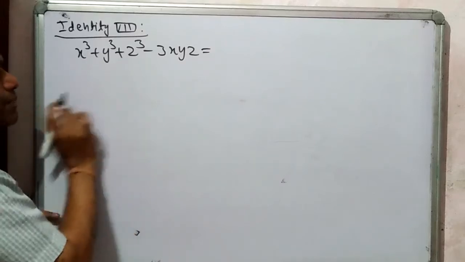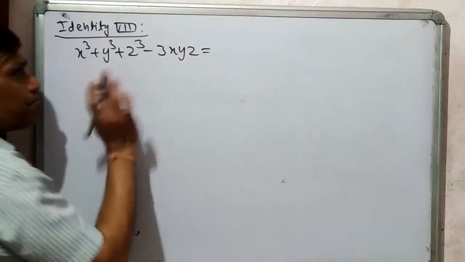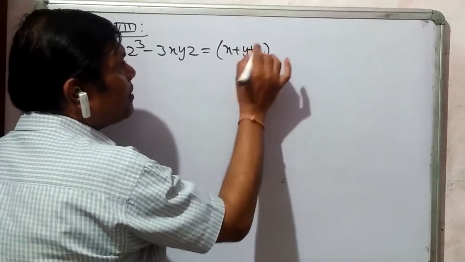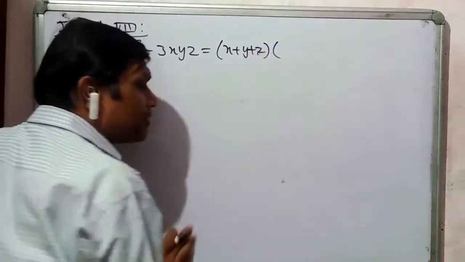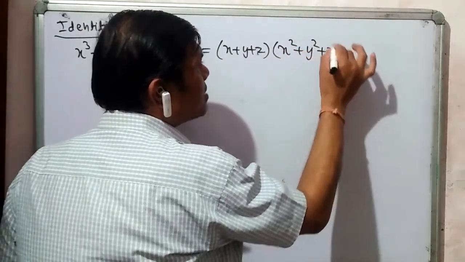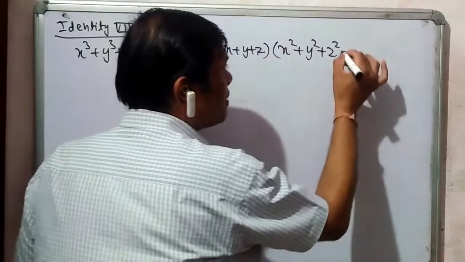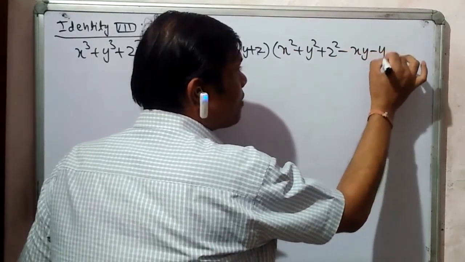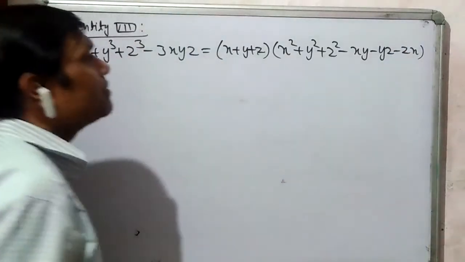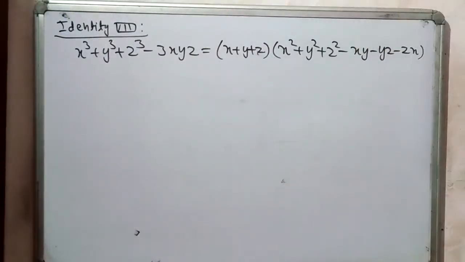That is x cube plus y cube plus z cube minus 3xyz, which should be the same as (x plus y plus z) multiplied with the addition of their individual squares, x square plus y square plus z square, minus the product of two of them taken at a time: xy minus yz minus zx. That is in fact one of the major identities, a lengthy one, which can be expressed in many forms.